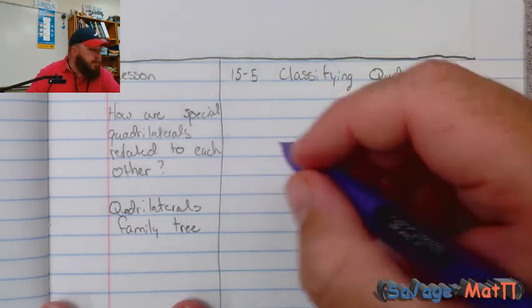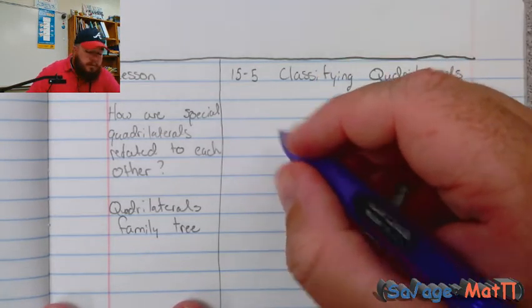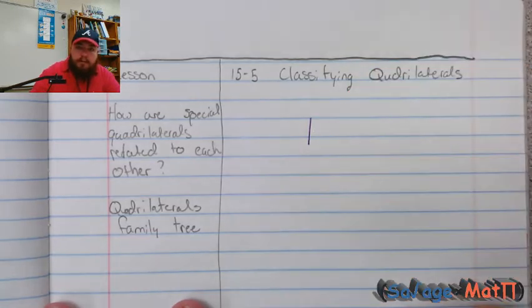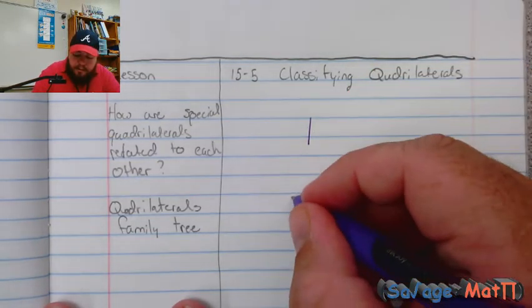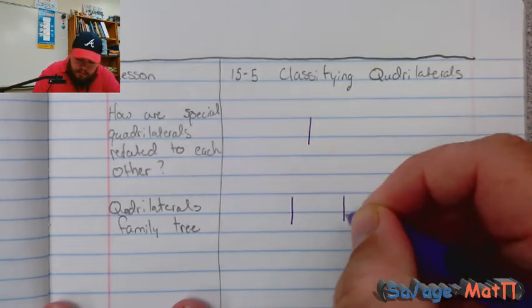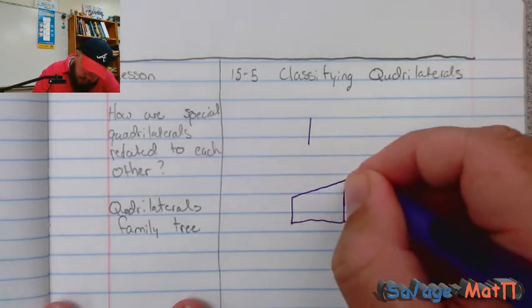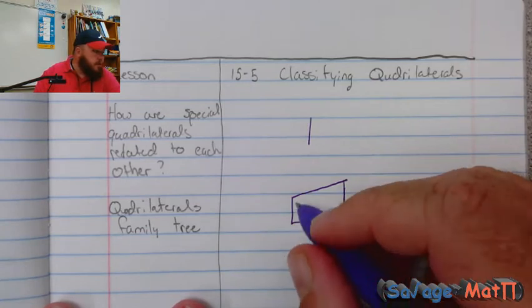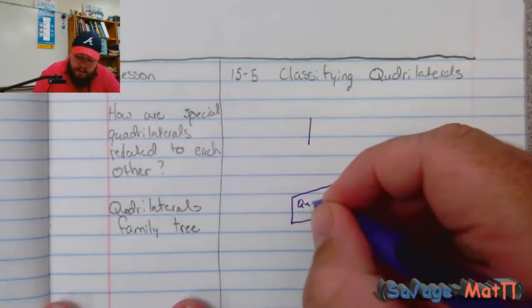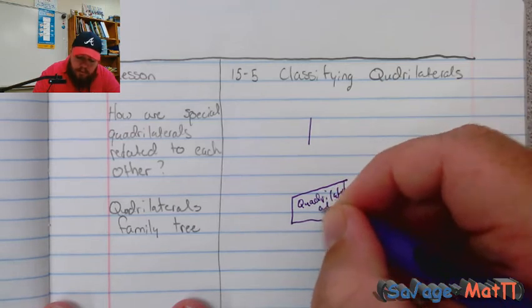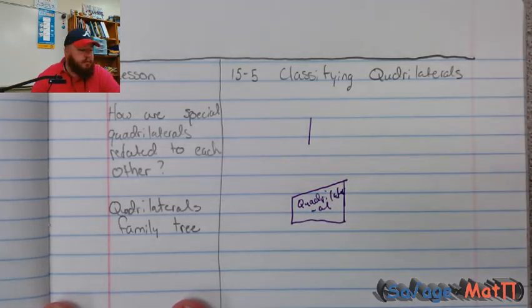So we're going to start with a quadrilateral. Oh, I put that way too high. So we're going to go down here. Okay. So we have a quadrilateral. And then from a quadrilateral we have two options.